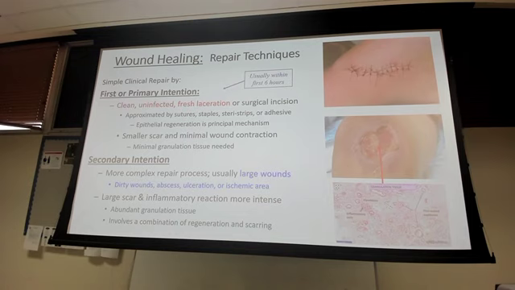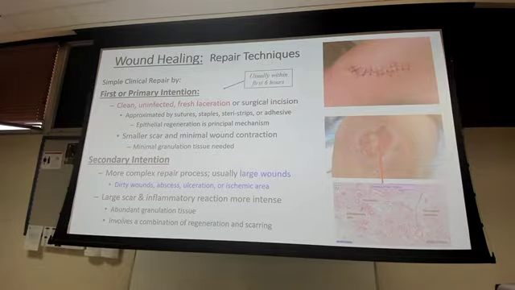So if it's been longer than 6 hours, maybe we won't try to close it with primary intention, because now you've increased the risk of infection. If you close a site that had an opening and there's stuff in there and you didn't clean it too, then the risk of infection goes up, and they're going to come back and it's going to look pretty bad, and it's not going to heal.